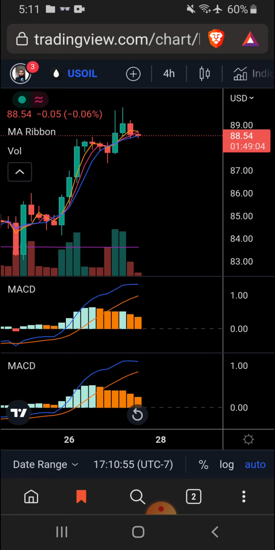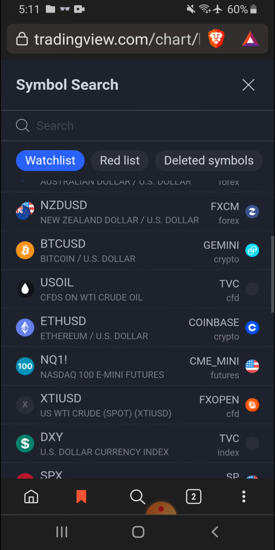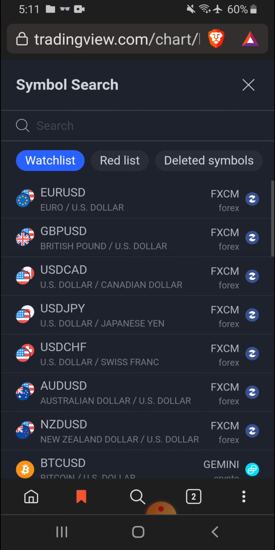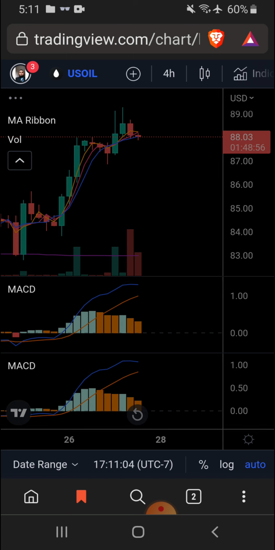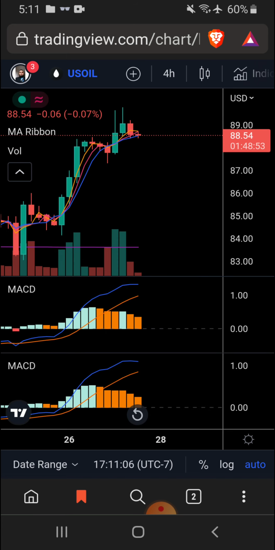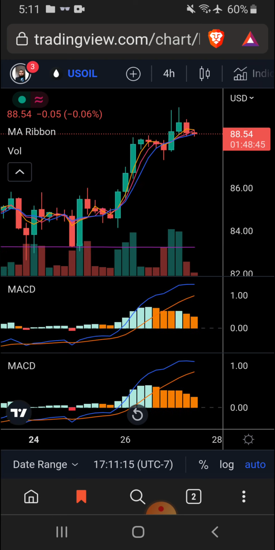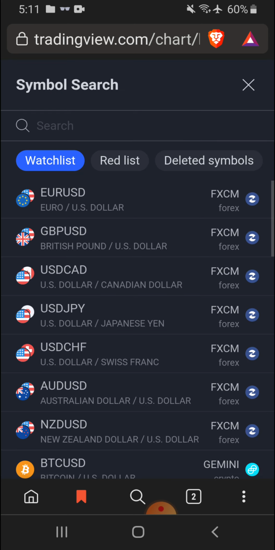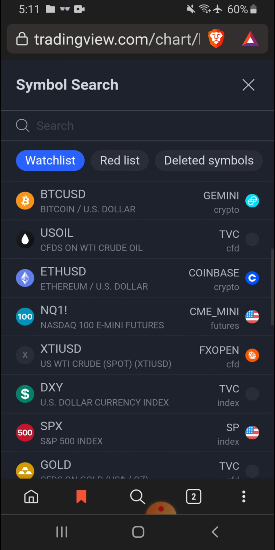Why are these different though? That's confusing here because we have two different tickers for the same thing showing a slightly different trend.